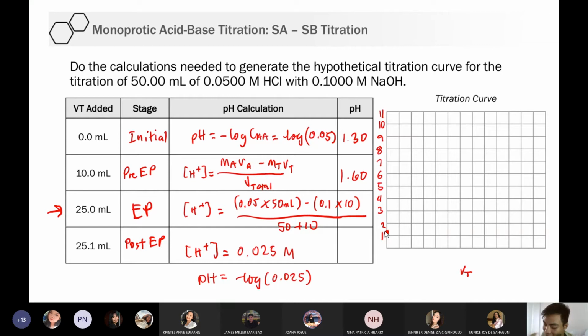Okay? So, kung i-graph ko yan, to 0 ml. Okay, so ito yung ating initial, 1.3. At 10 ml yan ay 1.60 na. So, somewhere here.